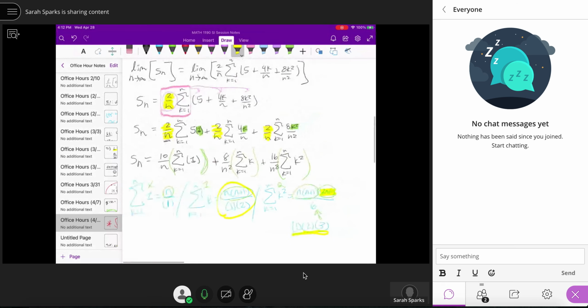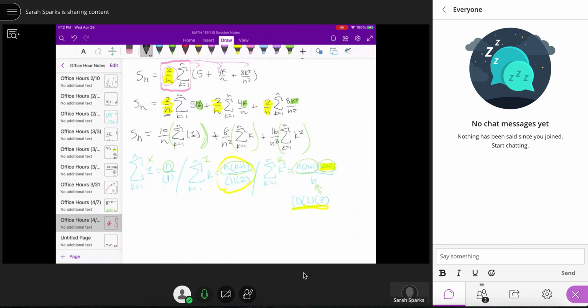Okay, all right, so plugging in those formulas, because that's what we're doing, we're just directly substituting in these formulas for each of those. So we're going to get S sub n is equal to, and we keep all those constants on the outside.